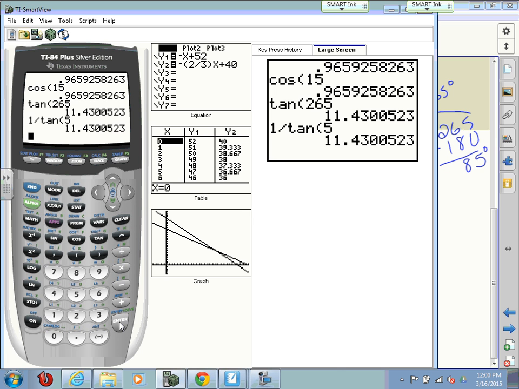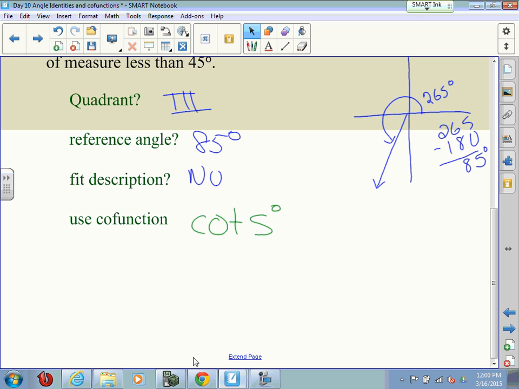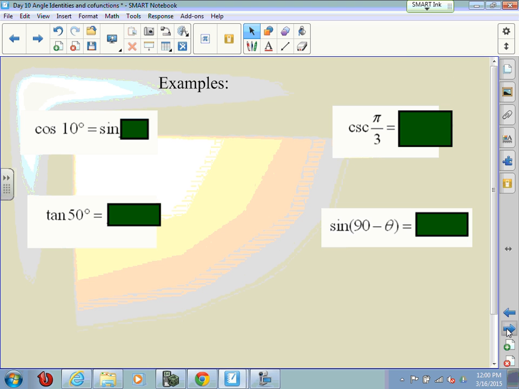They're the same exact values. I've got it. Perfect. So look how I walked you right through that. We set it up. First we're in quadrant 3. We find the reference angle does not fit the description, so you're going to have to use the cofunction. They have not approached a problem on the Regents exam yet where you had to do this in order to solve an equation. I could see it happening now. Just FYI.